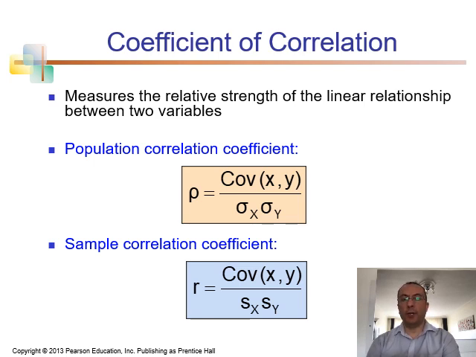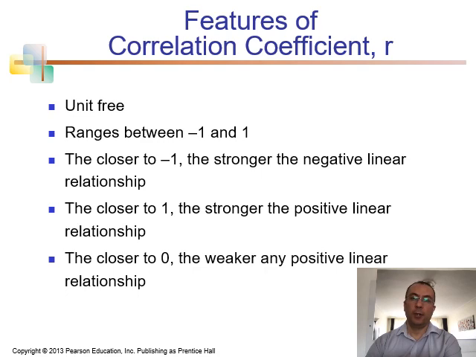Now, what's important for us is the correlation coefficient. Once you find the covariance, you divide it by the standard deviations of both of the variables. That will give you the correlation coefficient. Now, the correlation coefficient is a number between 0 and 1. So let's write it here.